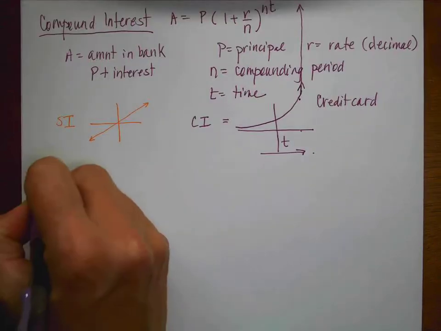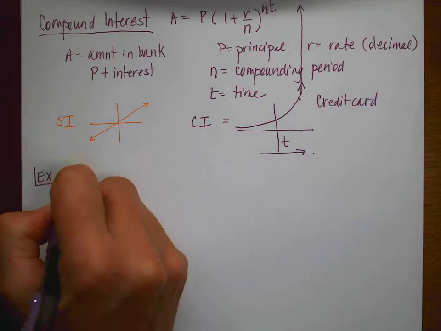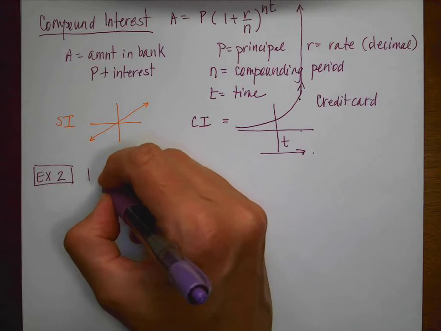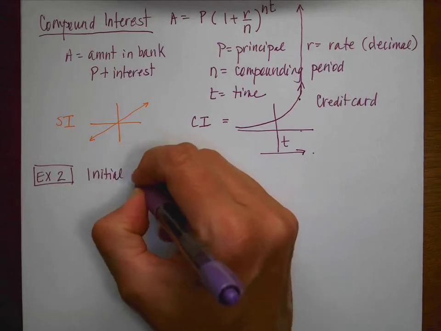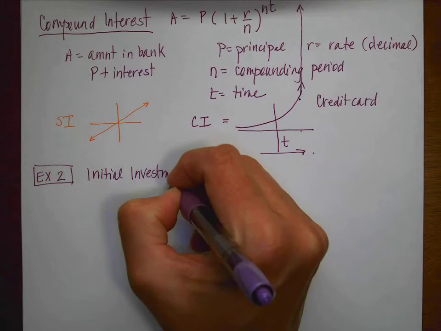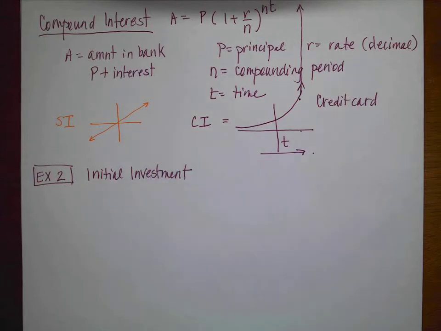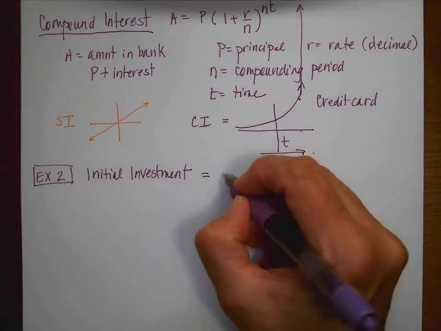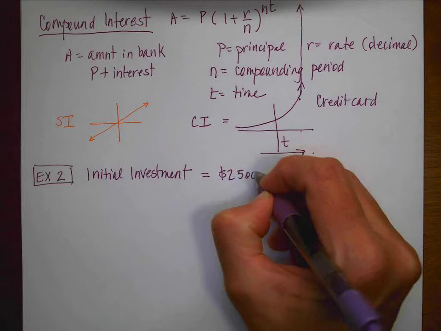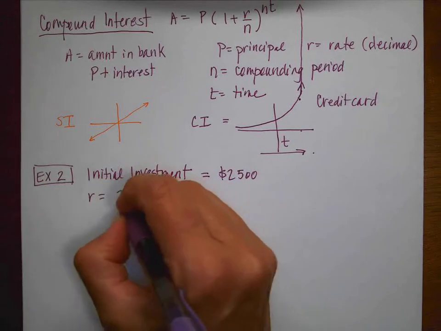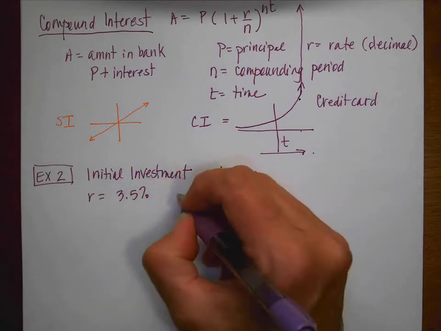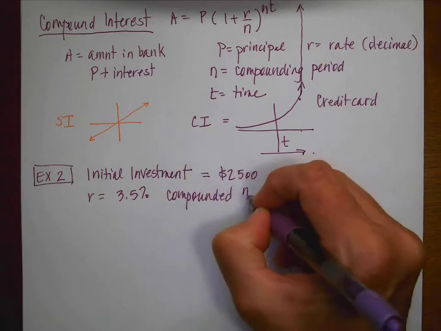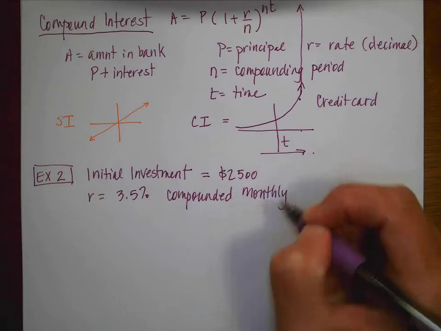All right, so let's do a lovely little example first, and we're going to be making money, which is much better than paying money. I'm going to have an initial investment. Another way to think about this is it's your initial amount, which is the y-intercept, and our initial investment is going to be $2,500. My interest rate is 3.5% compounded, somebody loves me, monthly.